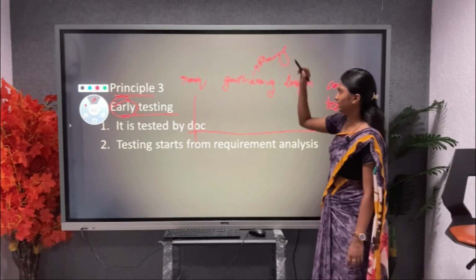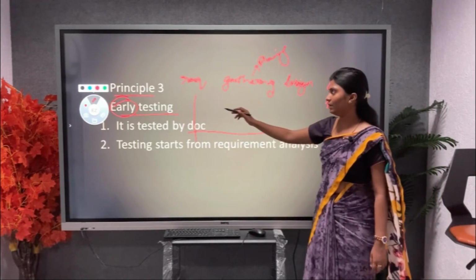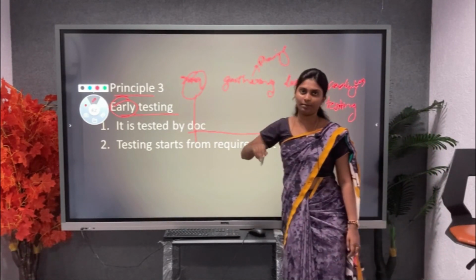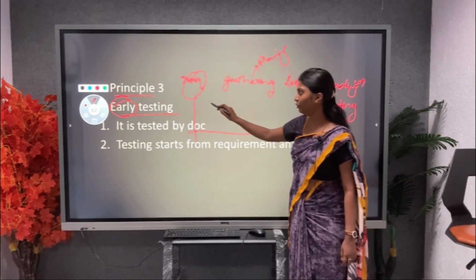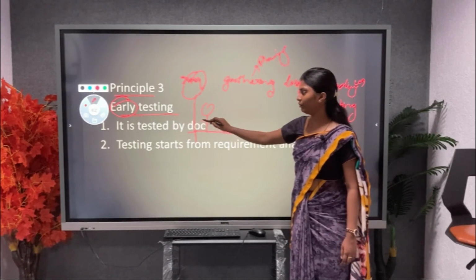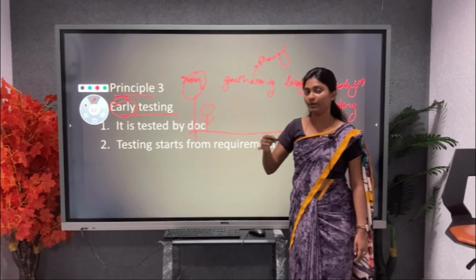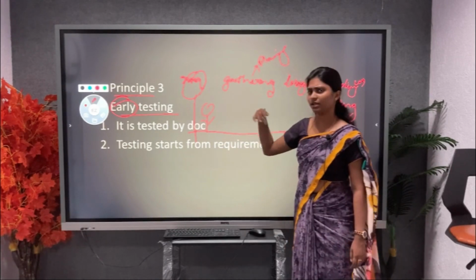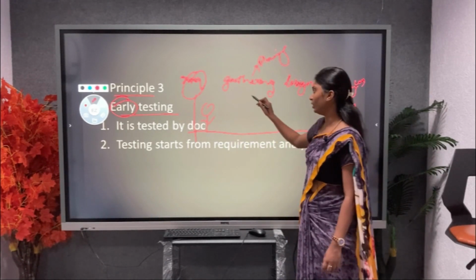Okay, planning the data, next design, next coding and testing. Now I will talk about the requirements. In requirement analysis only, we have to find the bugs at the early stage only.